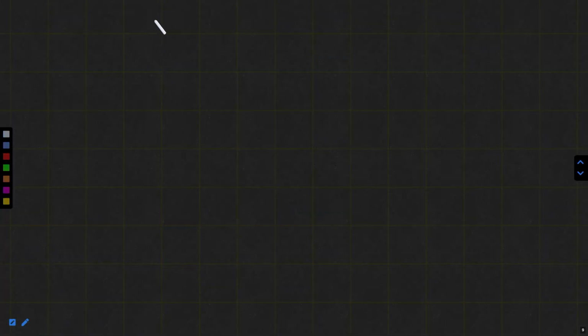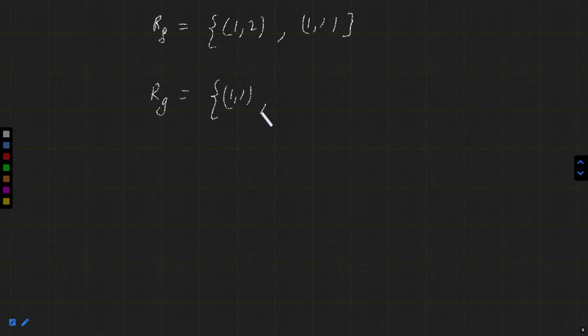Let's say the relation Rf has the pairs (1, 2), (2, 1), (2, 1) and (1, 1), and for g the relation is (1, 1) and (1, 2).